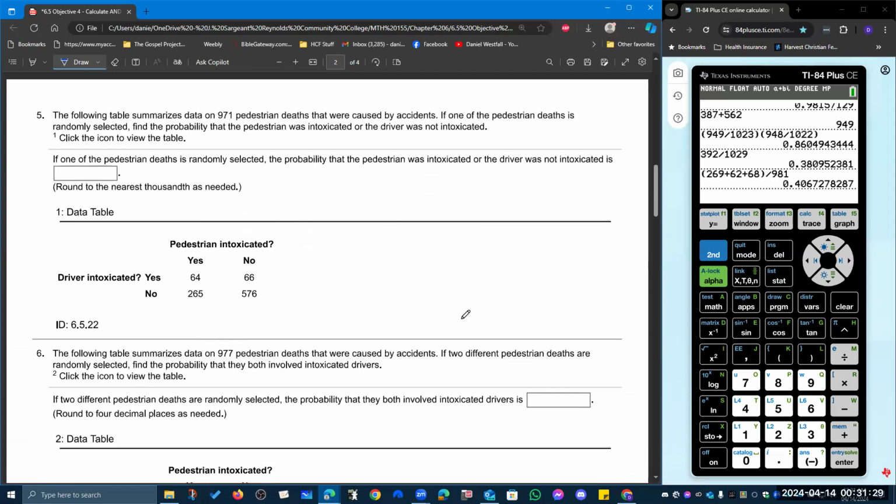Similar table here. If one of the pedestrian deaths is randomly selected, find the probability that the pedestrian was intoxicated or the driver was not intoxicated.